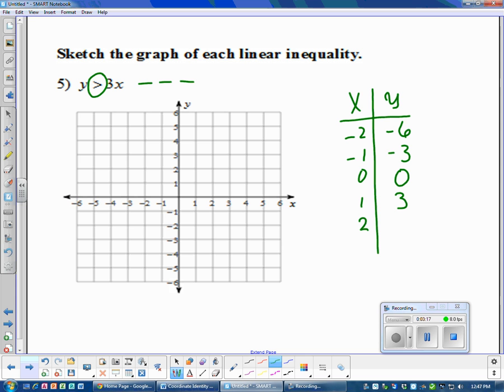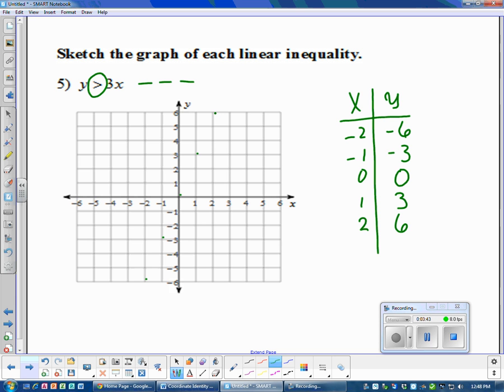If I put 2 in there, I get 6. So then I plot these points. I go negative 2, negative 6, negative 1, negative 3, 0, 0, positive 1, 3, and then I go 2, 6.